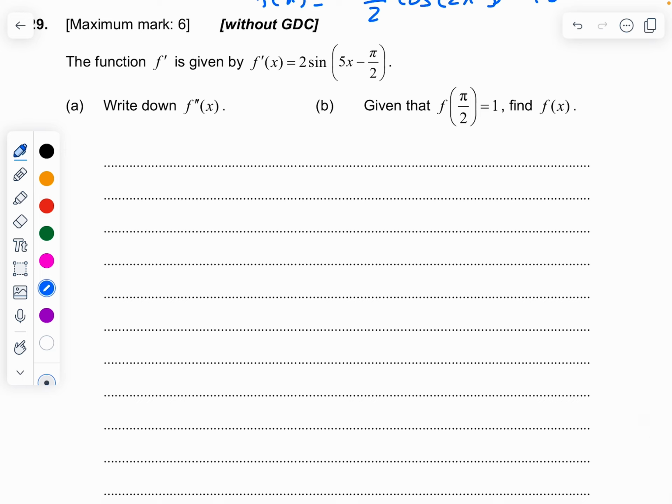Find f double prime x. So what is that? 2 sine's derivative is cos of 5x minus pi by 2, and the derivative of 5x is 5. So it becomes 10 cos of 5x minus pi by 2.